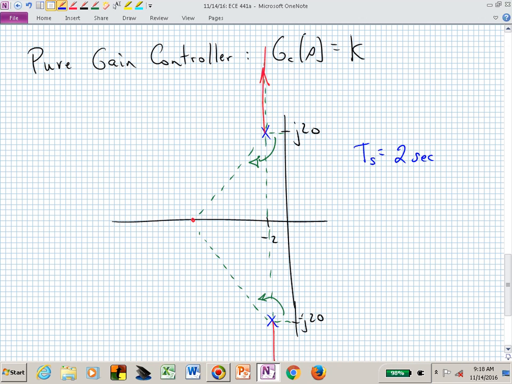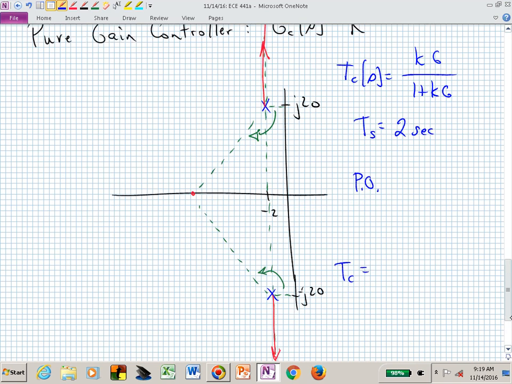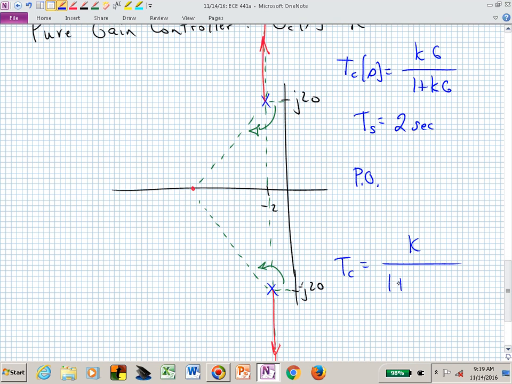What about my percent overshoot? Hopefully you remember that this T sub C is kG over 1 plus kG. That's what I'm seeing, and now I have this denominator, and I found that I haven't changed the real part any. If I look at this T sub C, is it clear that it will actually be k over (s plus 2) squared plus 20 squared plus k?